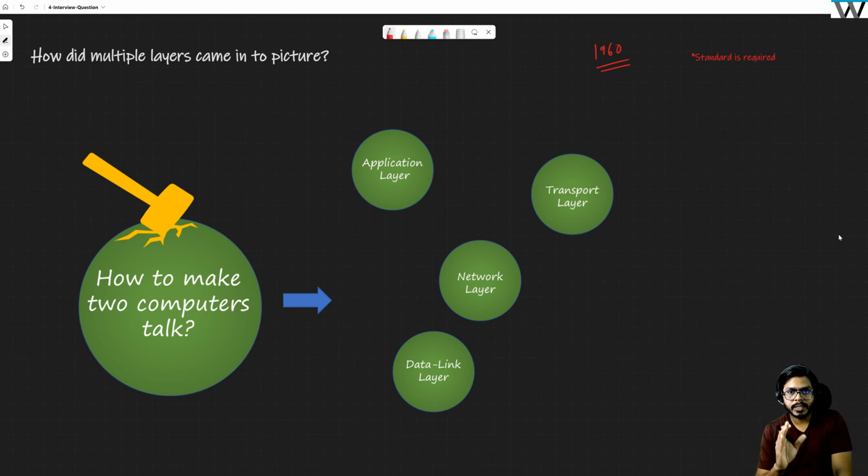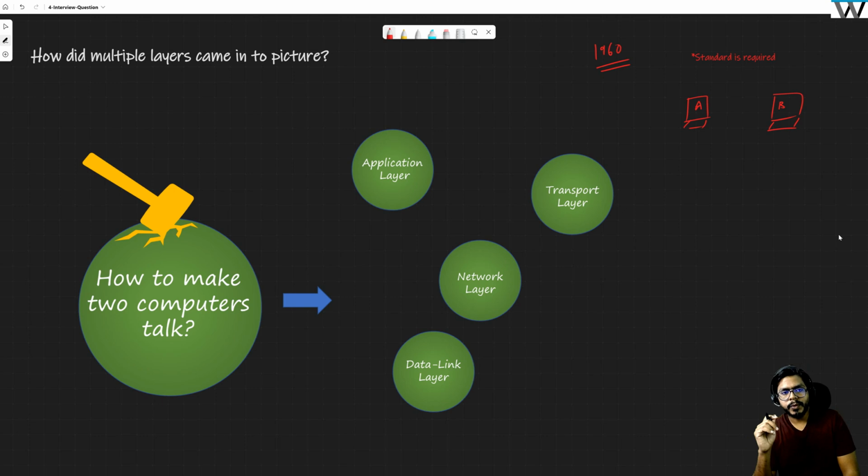Computers were already invented, but there were talks going on about how we can make these two computers communicate with each other, right? How are they going to talk? Suppose these are the two computers I'm talking about. Here we have computer A, here we have computer B, right?